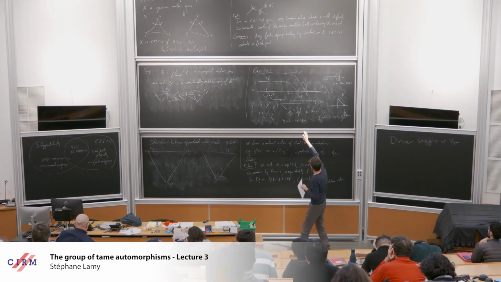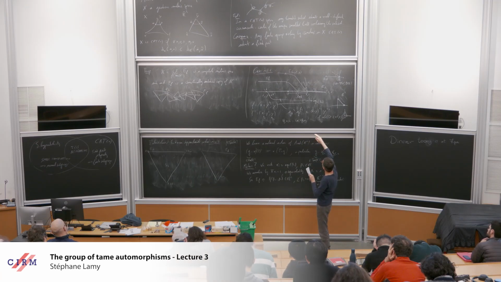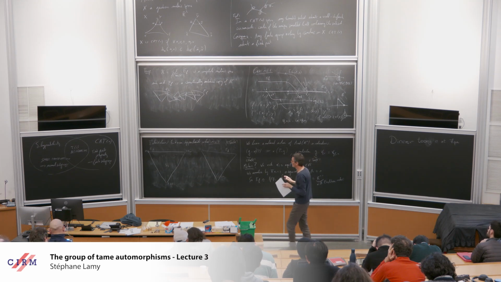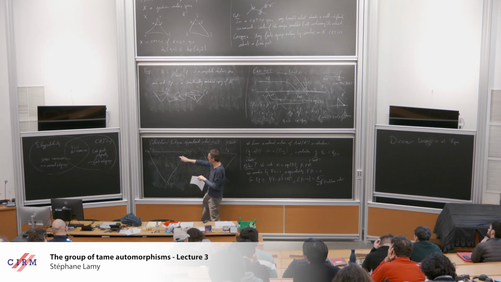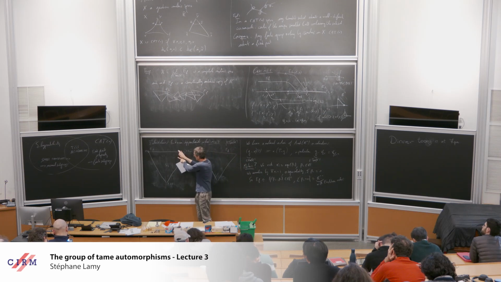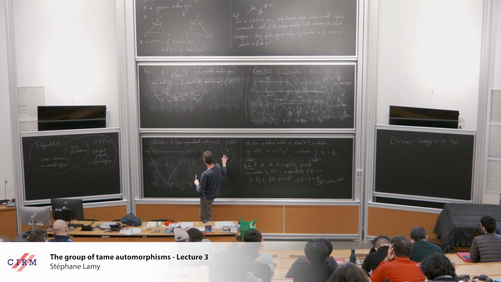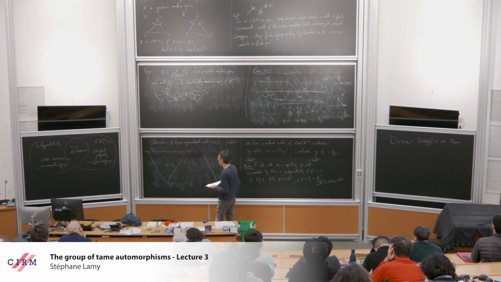For the case of n equals 2, I put the picture all in the same picture because it was a small dimension, but here I cannot. So there will be a portion here which is identified to the one. If I try to draw it, it's difficult. So I draw the picture like that. Something here is going to be the same as something here. So it depends on F.